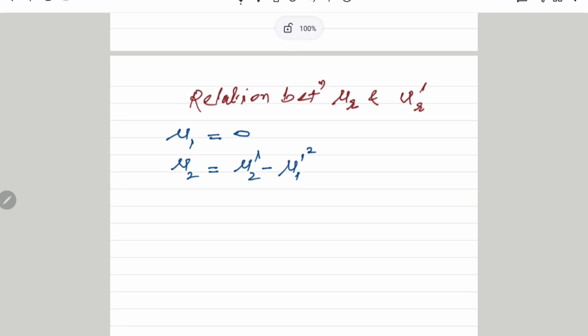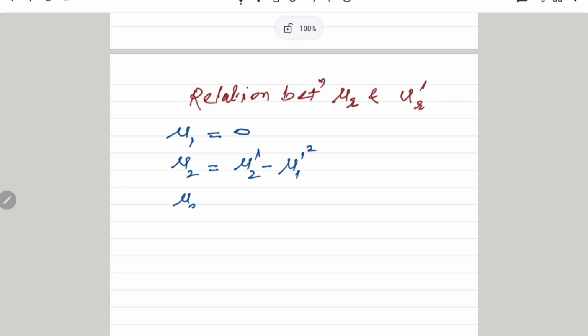Then third, mu 3 is equal to mu 3 dash minus 3 mu 2 dash mu 1 dash plus 2 times mu 1 dash cube.